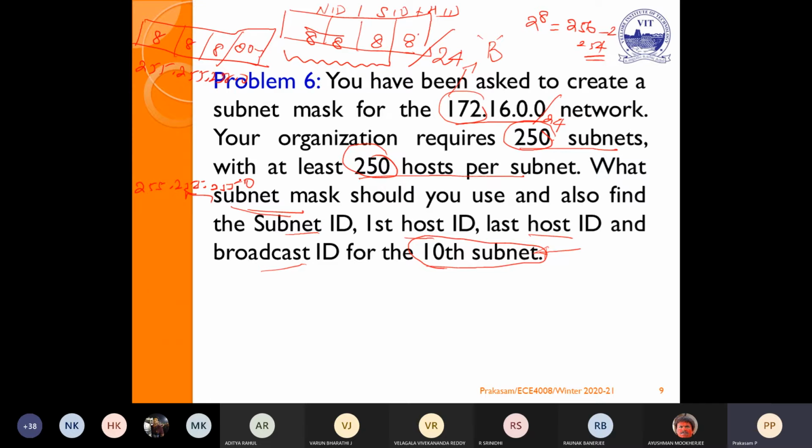Kindly listen to this procedure because it will be useful to solve any problem. The first step: suppose you want to find the subnet ID for the 10th subnet, convert this decimal into binary. What is the binary equivalent for 10?